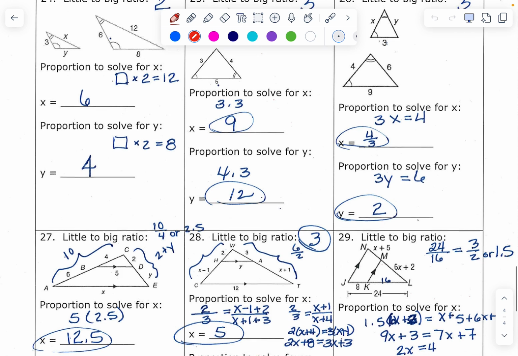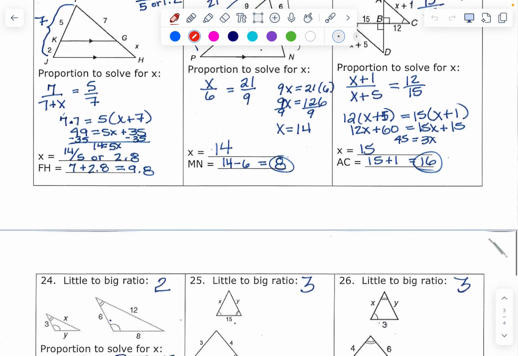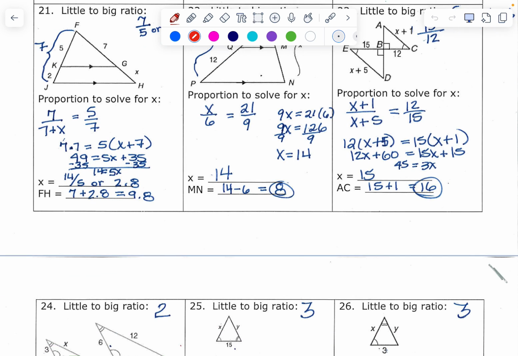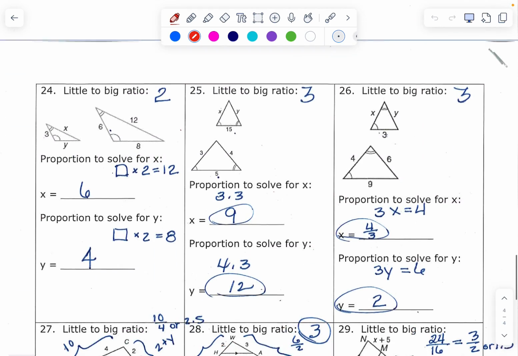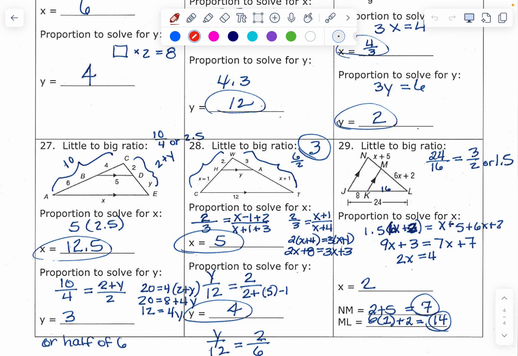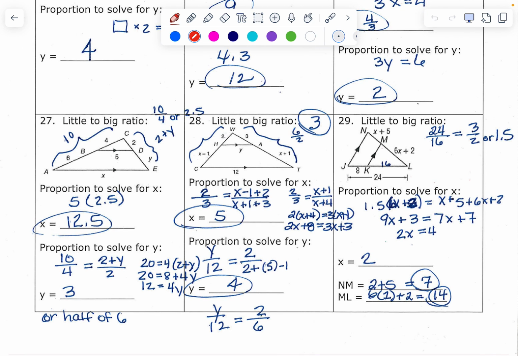What else? Oh, Saphira's back there saying this wasn't hard. Give me something that challenges me. That's what she's saying. 22. Okay. Any issues with 28? That one had the most going on in the proportion.